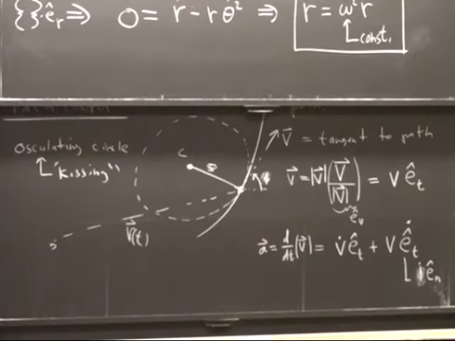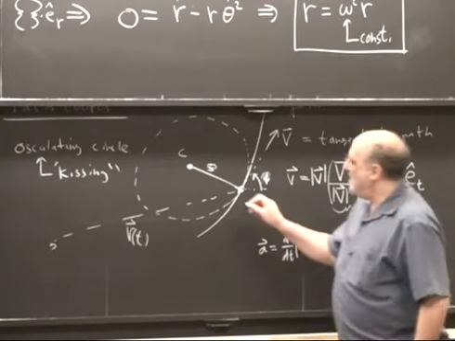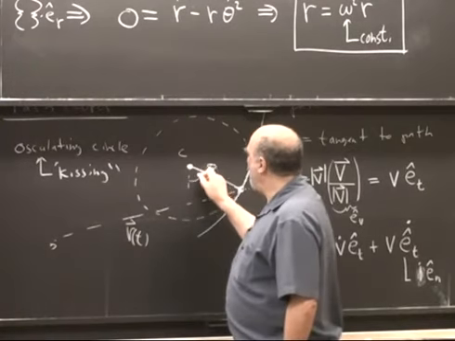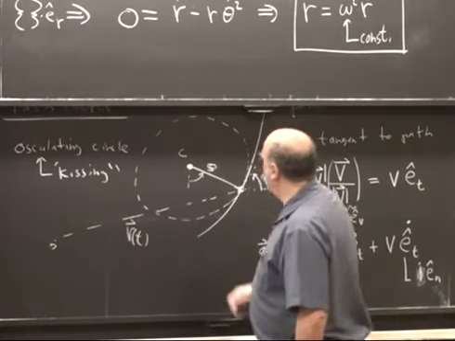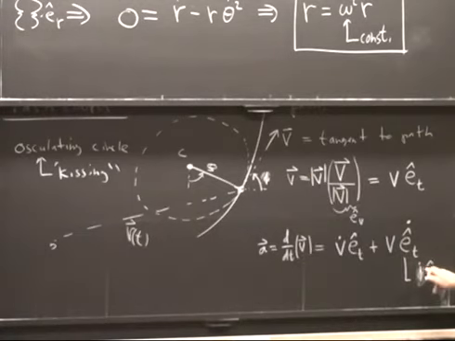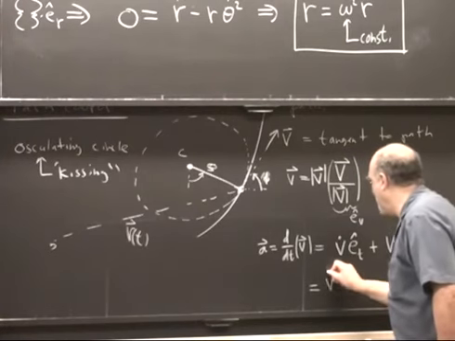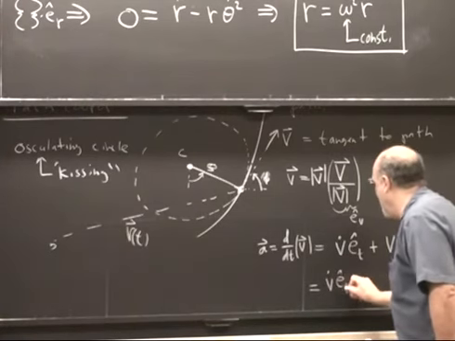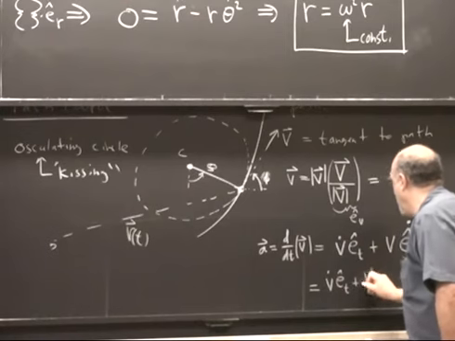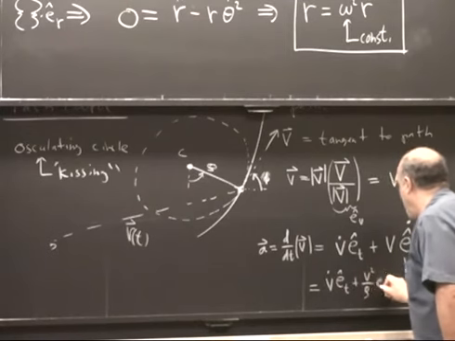Really intimate connection. So this phi dot we can associate with an angle here of this path, and therefore we can think of that as the speed divided by some radius. So then this turns into v dot times e_t plus v squared over rho e_n.